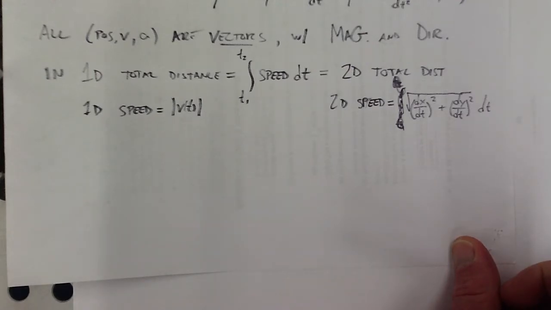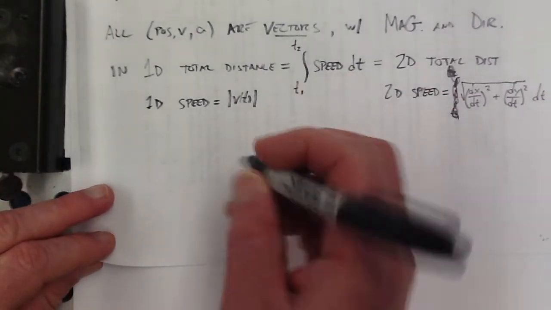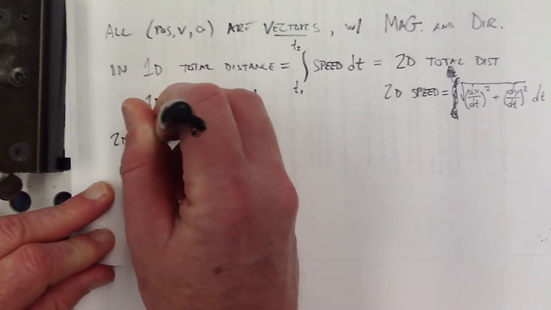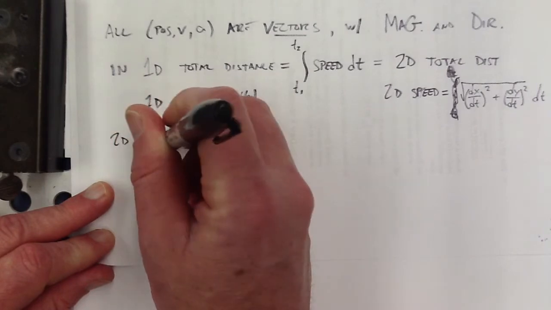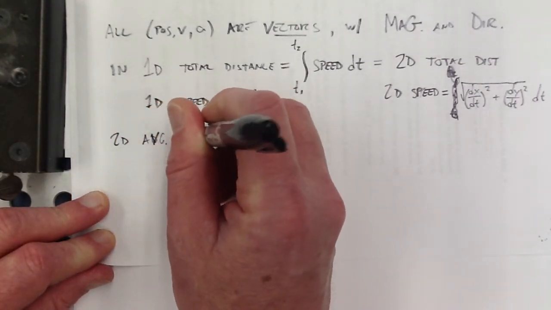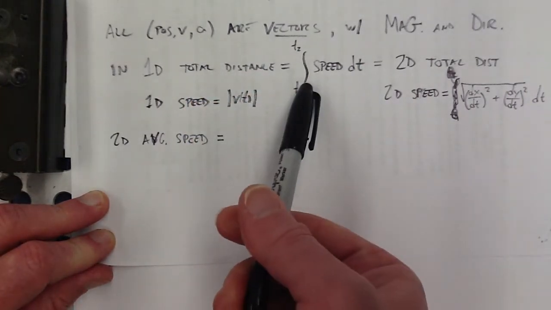Let's see, what else would we want to do? So your average speed would just be, why did I write a D there? That's weird. 2D average speed is, you know how to find the average value of something?